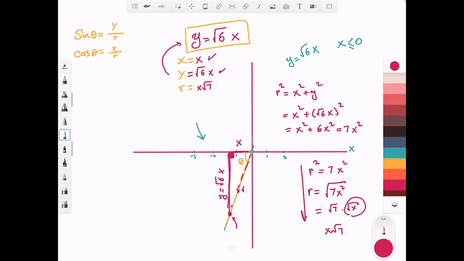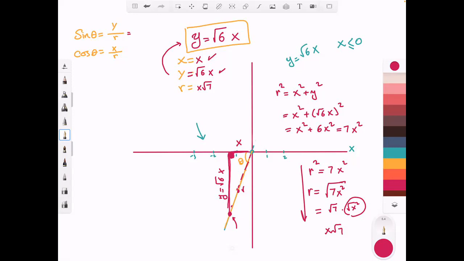So now, Yvette, tell me what is y over r? Root 6x over x square root 7. Excellent. So this is a fun part.